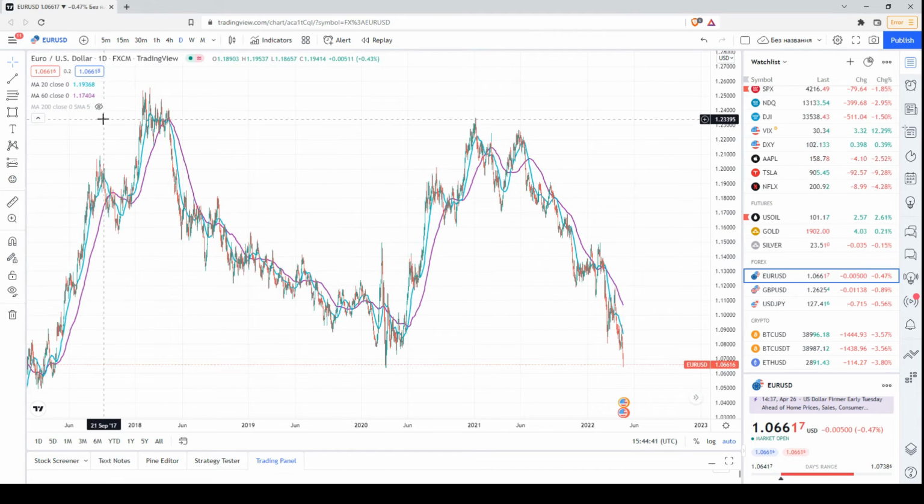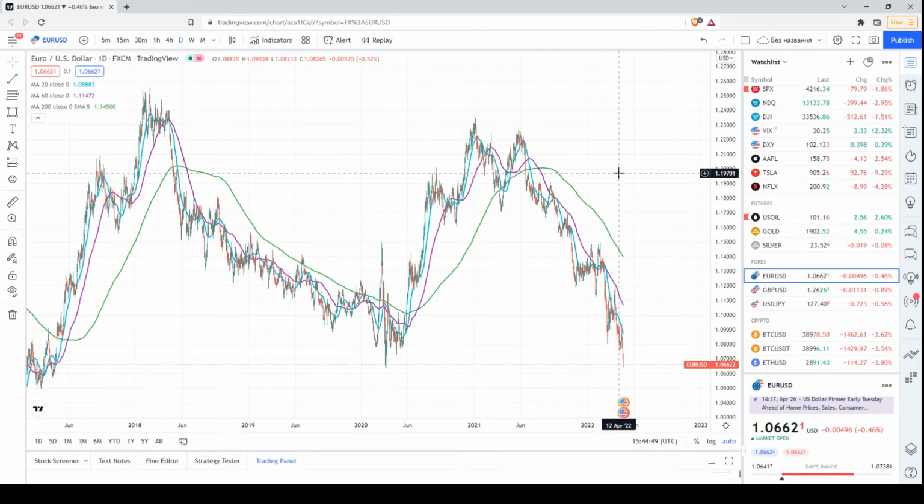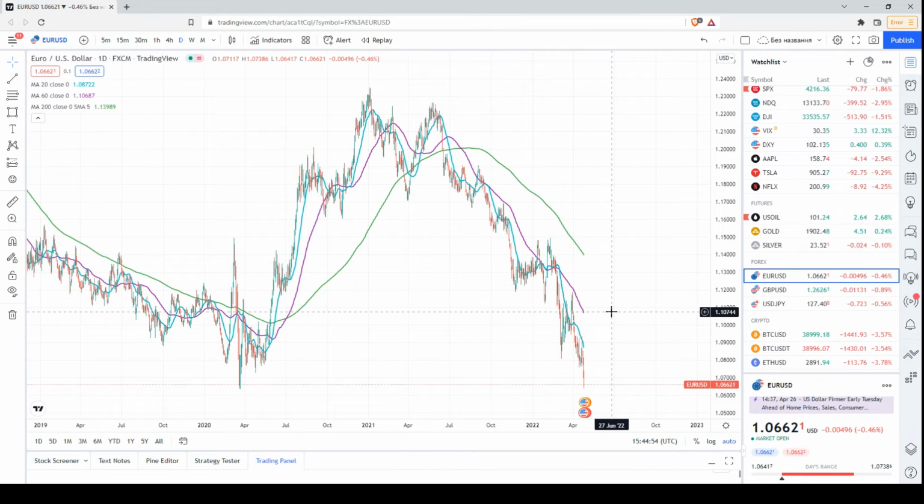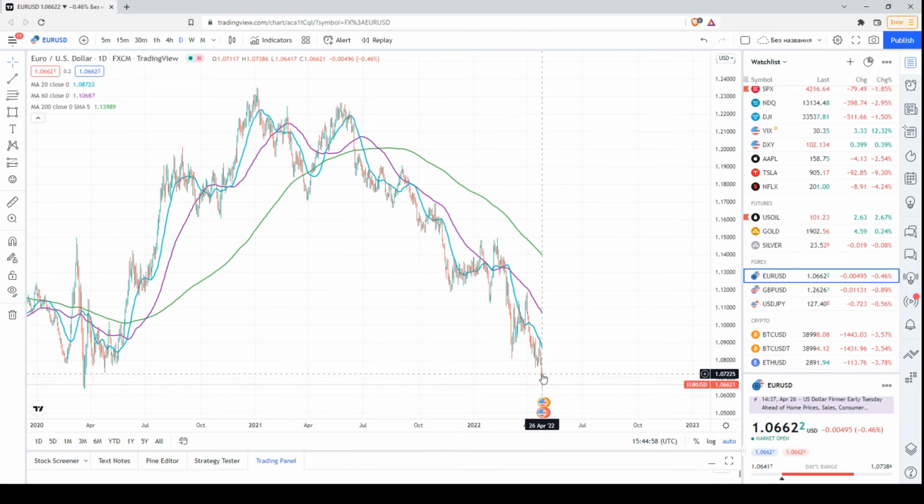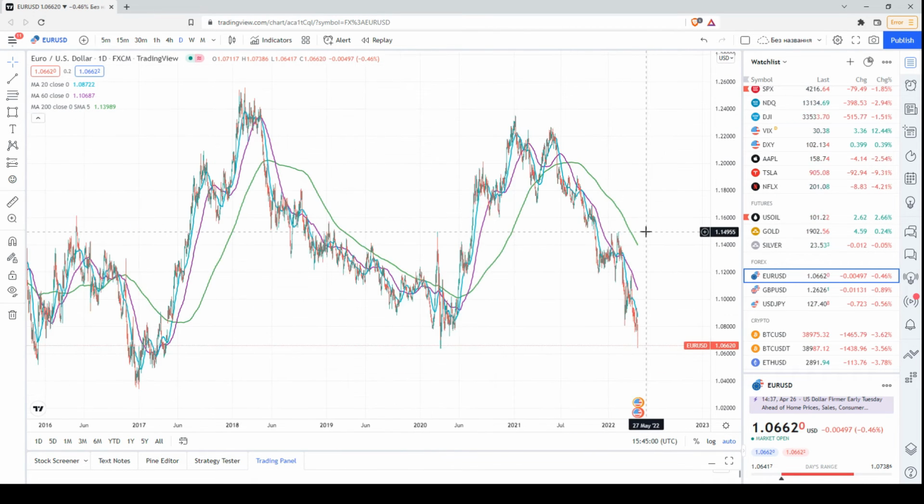And if we add the 200-day moving average, or for the period of 9 months or 3 quarters, it's obvious that this moving average is above both of the other moving averages, and significantly above the price as well. So definitely we have a confirmation of this bearish sentiment or bearish signal.